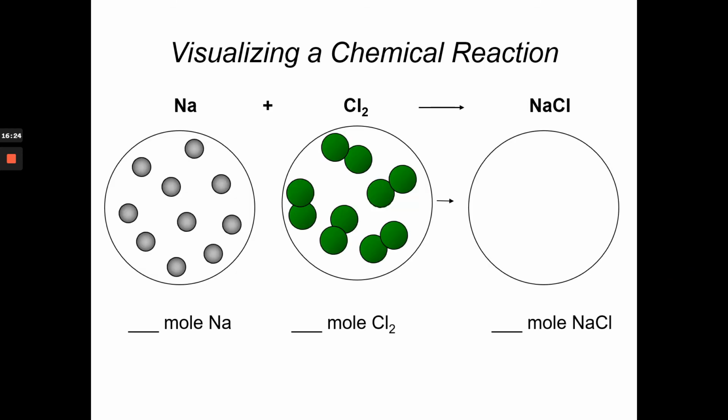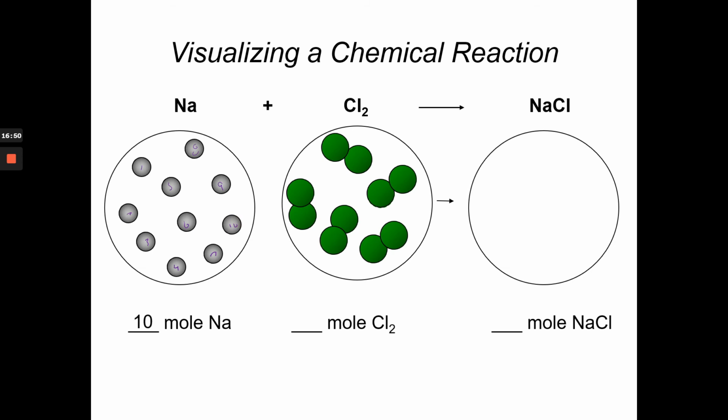I want to just show visually a chemical reaction taking place here. Now, what we're looking at is the reaction between sodium metal and chlorine gas to make sodium chloride. So I'm starting with the silver circles representing 1, 2, 3, 4, 5, 6, 7, 8, 9, 10 moles of sodium.